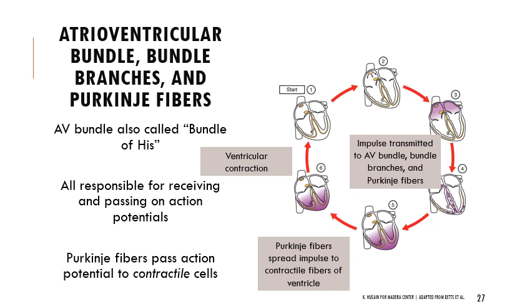I just misspoke. I'm so used to saying base in day-to-day conversation. The base is actually the top of the heart, the apex is the bottom of the heart. I know that's confusing, but the contraction goes from the apex to the base, from the bottom to the top, to push that blood outward into those arteries, like squeezing a tube of toothpaste.